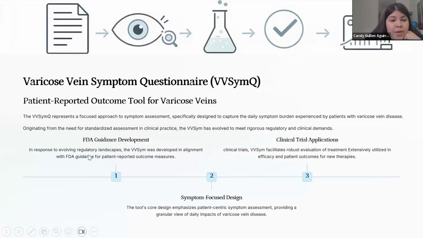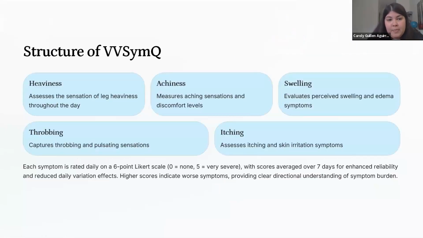In response to evolving regulatory landscapes, the VVSYM-Q was developed in alignment with FDA guidance for patient-reported outcome measures, and it has clinical trial applications. It facilitates robust evaluation of treatment efficacy and patient outcomes for new therapies, and it has a symptom-focused design. The tool's core design emphasizes patient-centric symptom assessment, providing a granular view of the daily impacts of varicose vein disease.